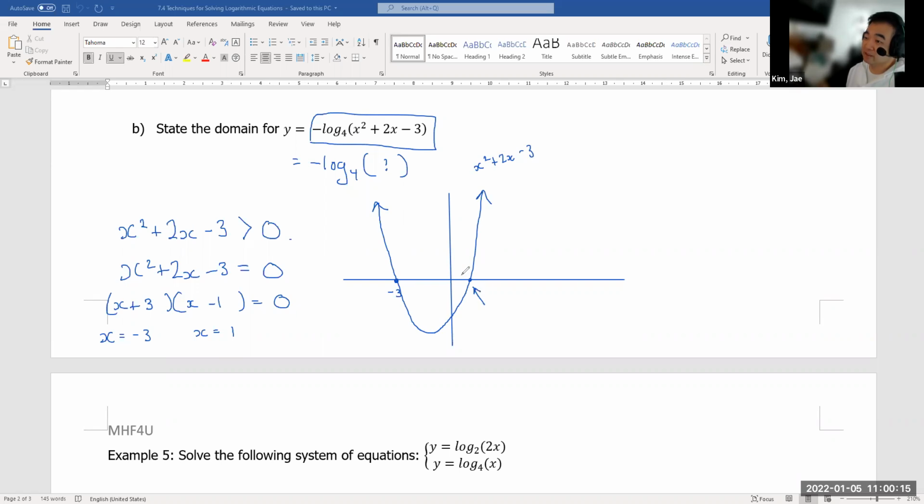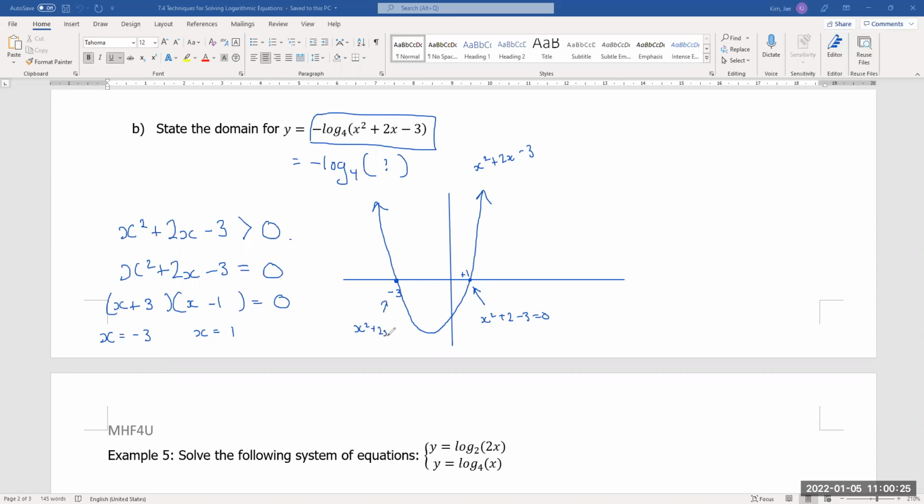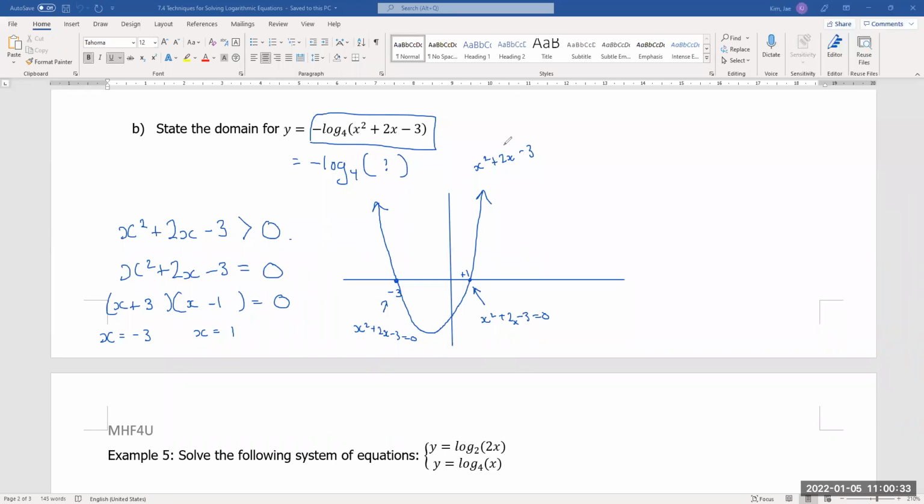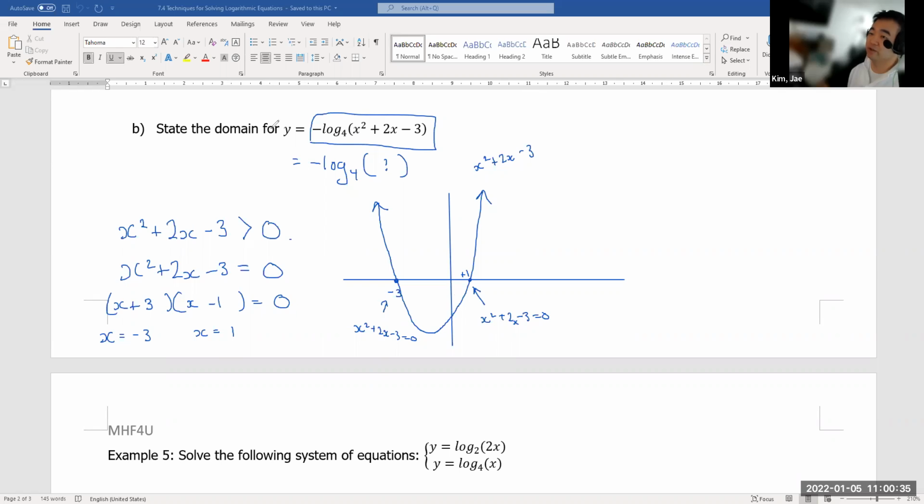And this right here is where x squared plus 2x minus 3 equals 0. At this point, some of you, it clicked. You know exactly what to do now. Others, you're frantically copying, so you still have no idea.